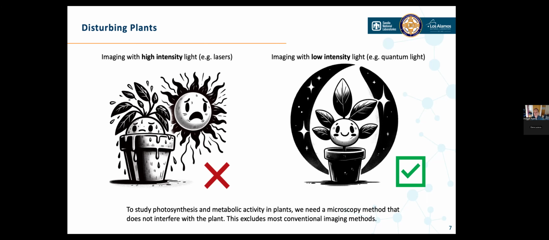We just don't notice them because they don't have such strong flinching mechanisms as we do. So the idea is to take this new category of imaging techniques that use quantum light, which has the promise of reducing the amount of light that we need to measure a sample, to take it to very low light imaging conditions, and then study the plants using quantum light.